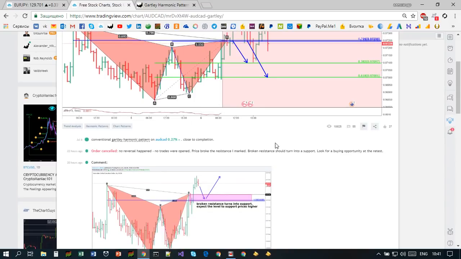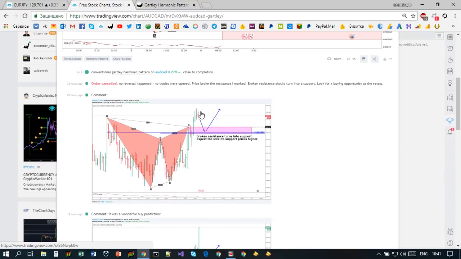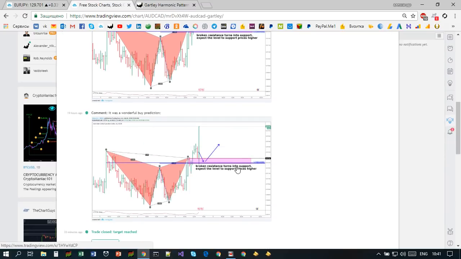I updated my idea, so you simply read it. The order is cancelled, no reversal happened, no trades opened, price broke the resistance that I marked. Broken resistance should turn into support, look for buying. I drew this picture in advance, and I predicted that it will come to retest and bounce to the upside.